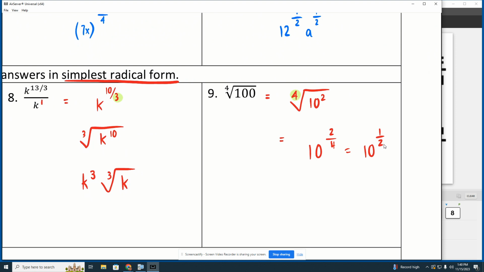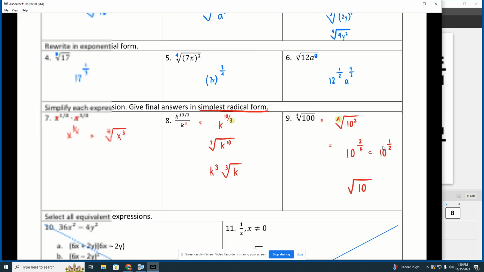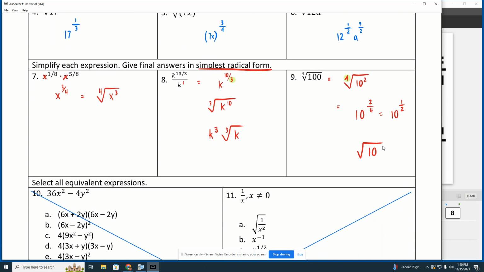It changes the denominator. So instead of this being 4th root now, it's square root of 10, technically to the first power. So you're able to break down the 4th root of 100 like this. It becomes the square root of 10.